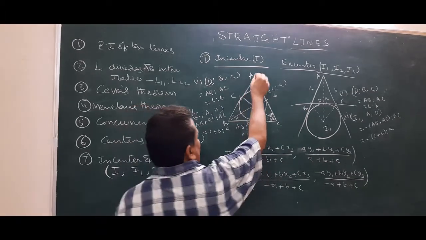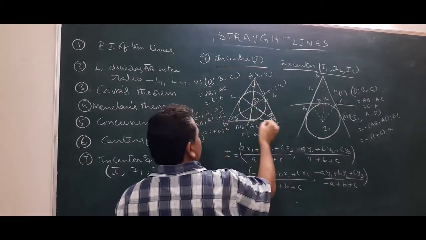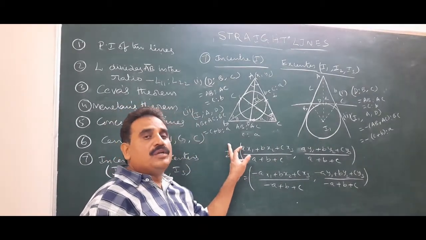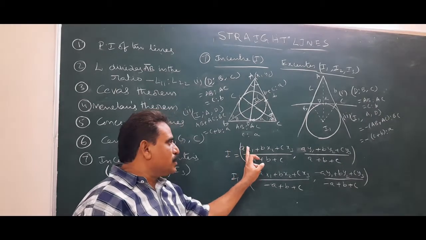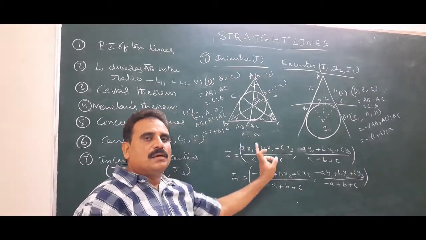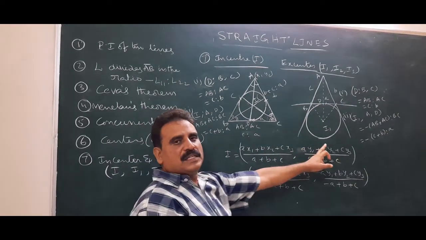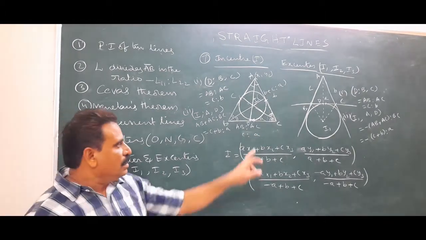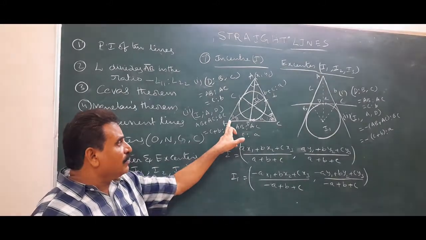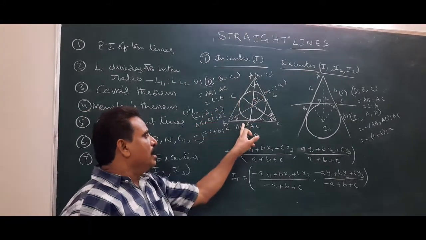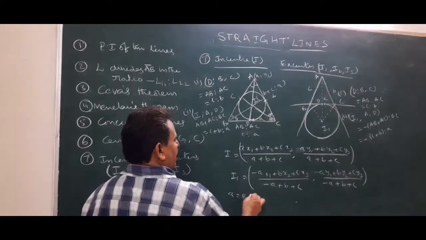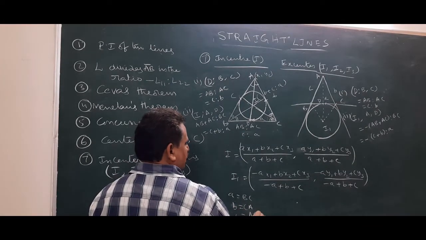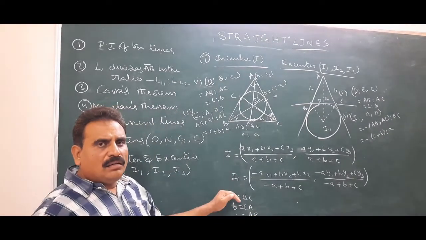If A(x1, y1), B(x2, y2), C(x3, y3) are given, then we can find the incenter by using this formula: I equals (ax1 + bx2 + cx3)/(a + b + c), (ay1 + by2 + cy3)/(a + b + c), where a is the length of the side opposite to vertex A, equal to BC, b equals CA, c equals AB. a, b, c are lengths of the sides.